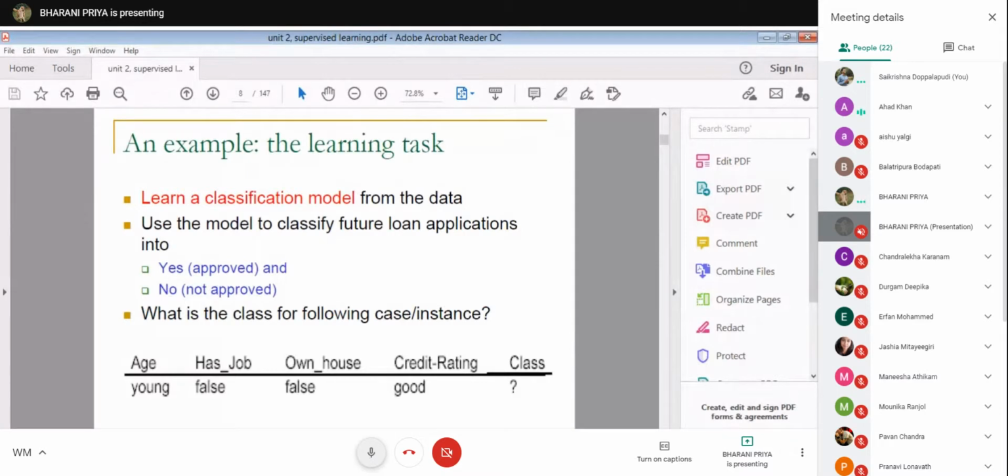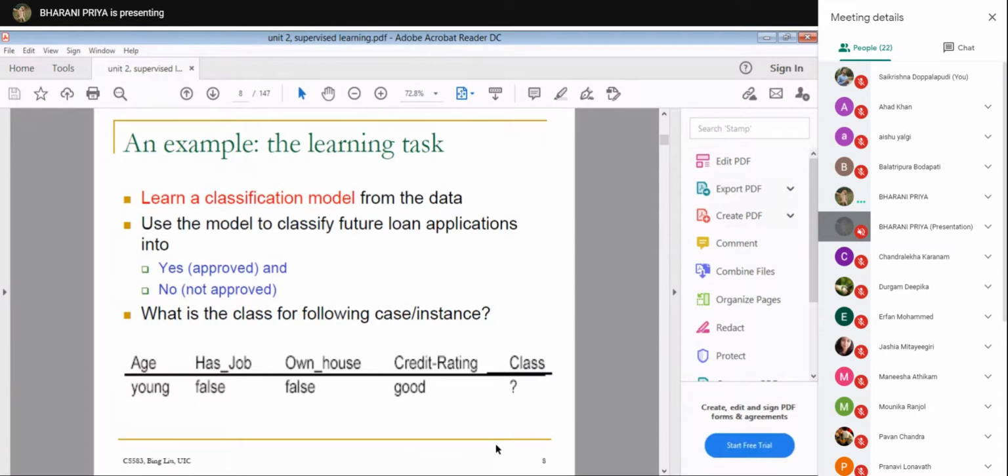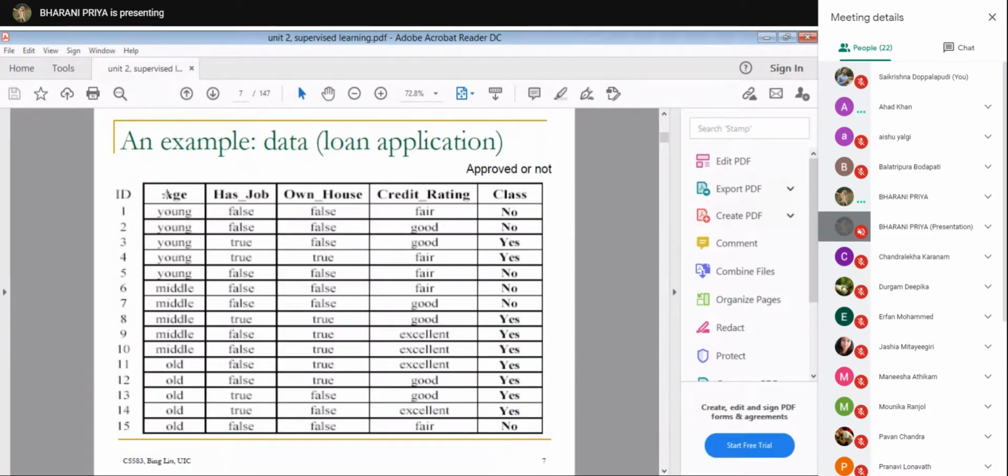Class label is no. Why no? Ma'am, because the same values have been given in the second row, ma'am.